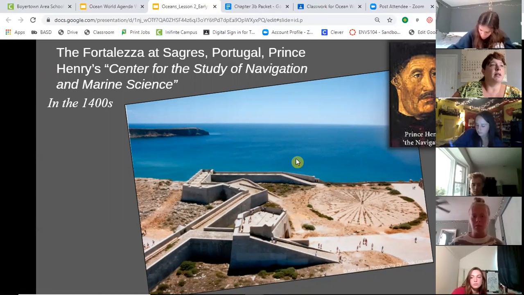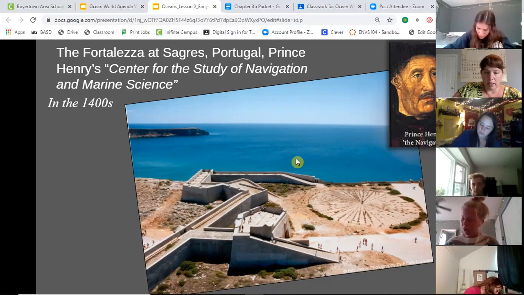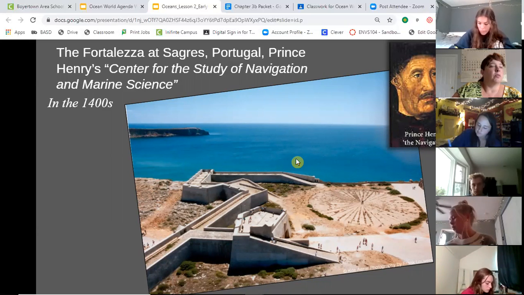Prince Henry, the Navigator, around 1400 from Portugal, was considered the first marine scientist because he established the Center for the Study of Navigation and Marine Science. You can see a picture of it there in that slide. This was really the rebirth of ocean study and exploration.